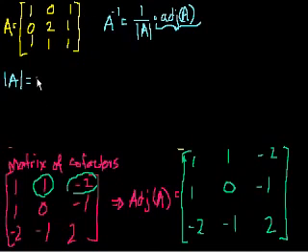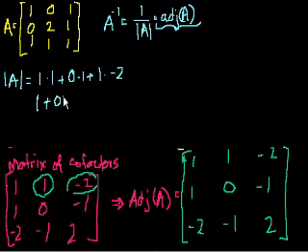So in this case, it'll be 1 times its corresponding cofactor, which is 1, plus 0 times its corresponding cofactor, which is 1, plus 1 times its corresponding cofactor, which is minus 2. So this is 2. This is 1 plus 0 minus 2. It equals minus 1. And thank God it was a relatively straightforward determinant.